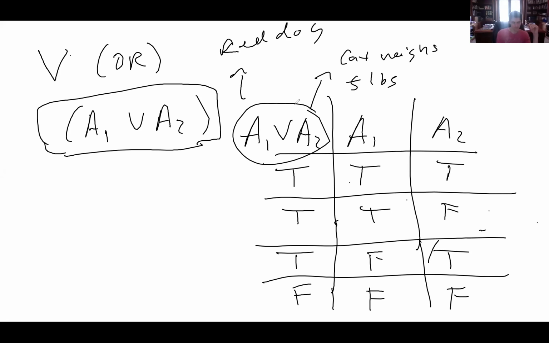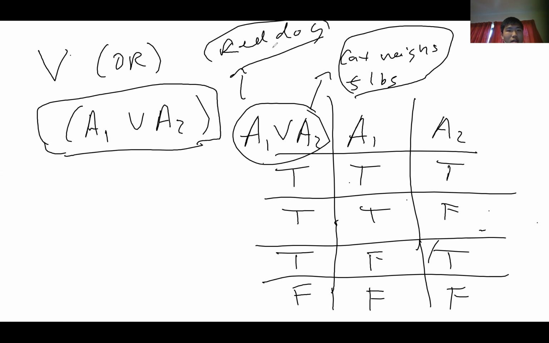In English, sometimes when we say that, we actually mean exclusive or. If I say the dog is red or the cat weighs 5 pounds, sometimes people might think that if the dog is red, then the cat must not be 5 pounds. But in this case, our logical or means that if one of these statements is true, then the whole statement is true.